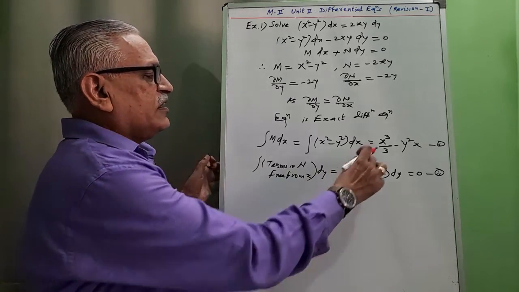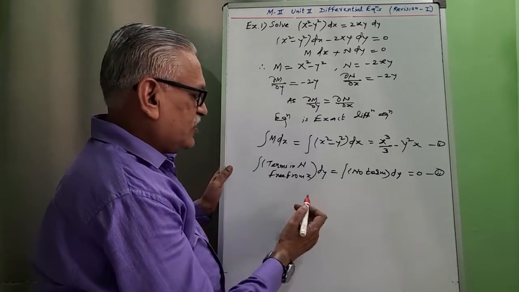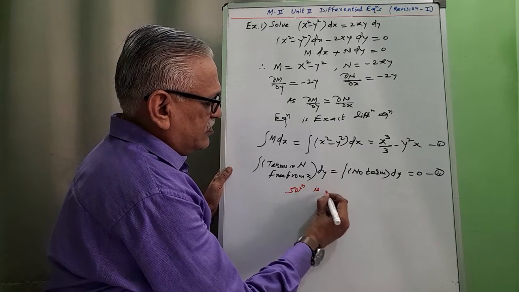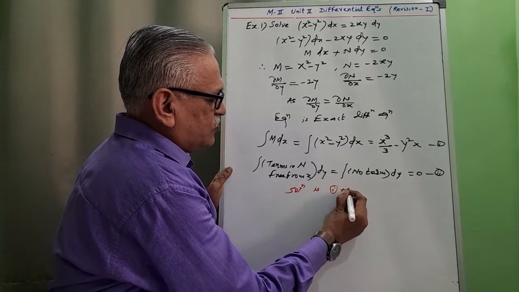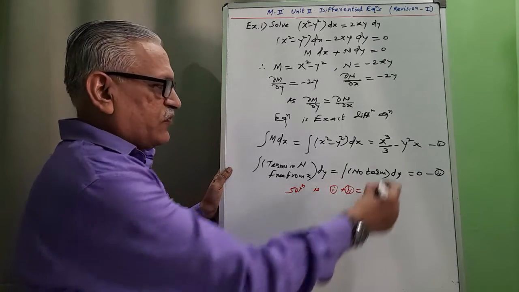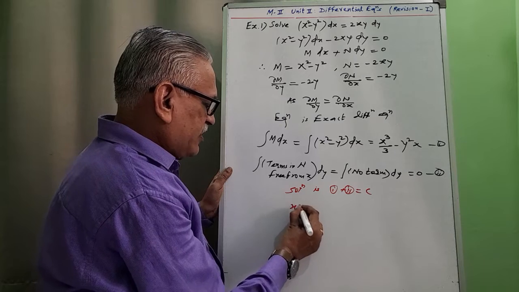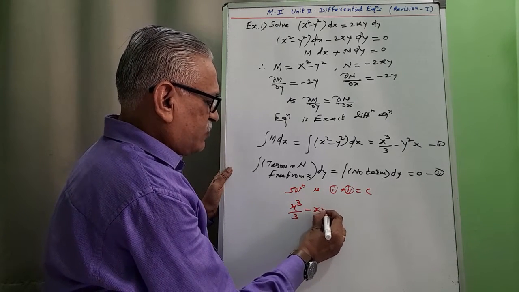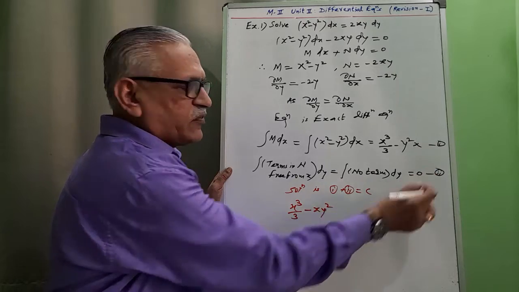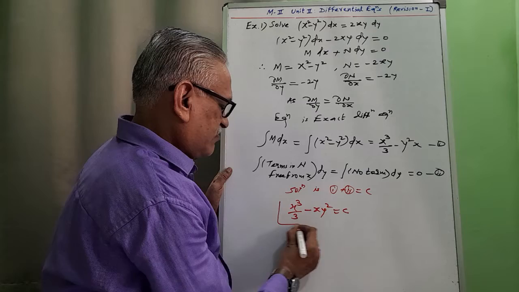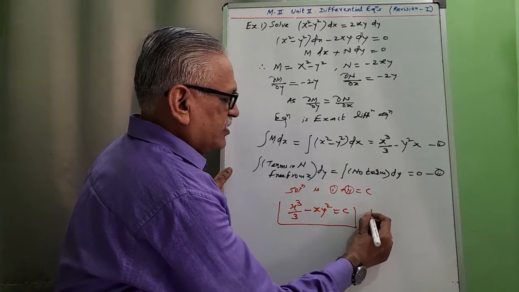Then the solution is the sum of these two. Solution is 1 plus 2, and we have to equate it to c. Therefore equation 1 is x³/3 − xy², second equation is 0, and it is equal to c, which is the required answer.